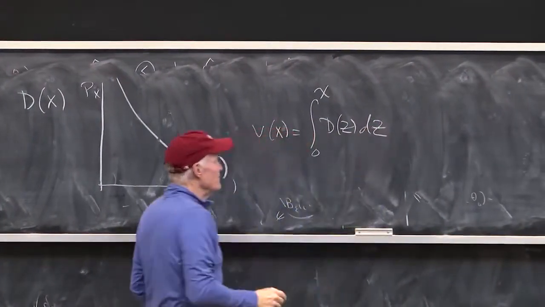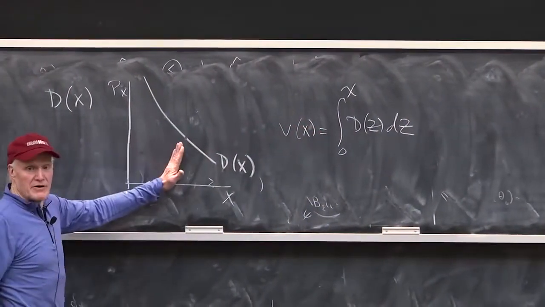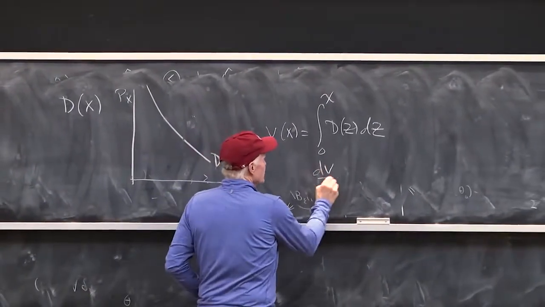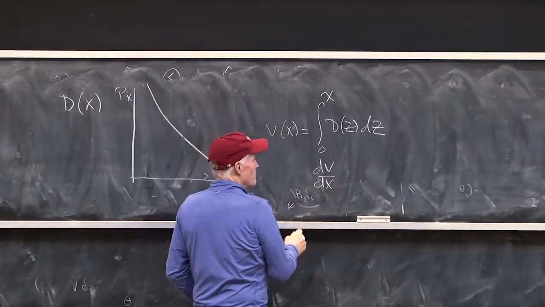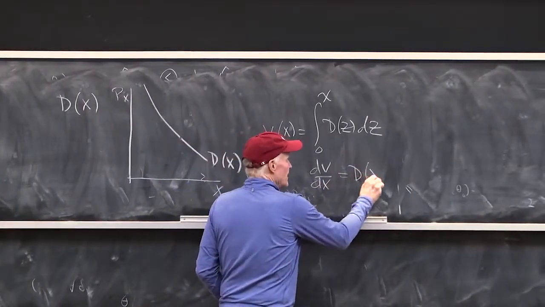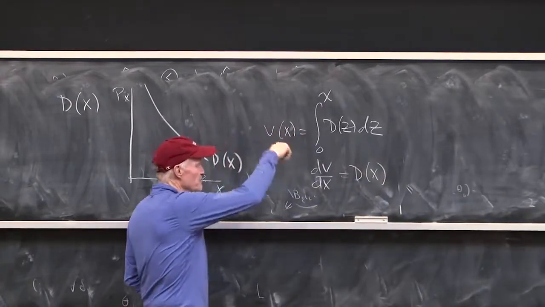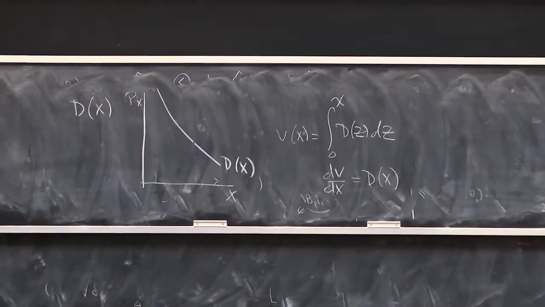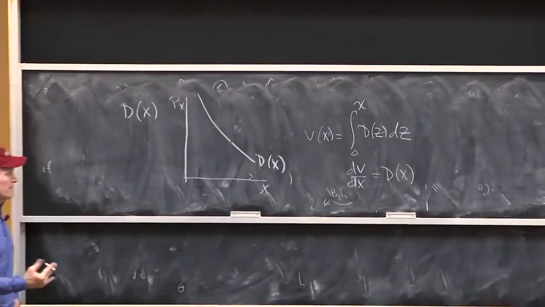It's the area under the demand curve. Then dv/dx, of course, by the fundamental theorem of calculus, would be equal to d of x. That is, the derivative of this function v would be equal to the demand function I'm interested in.